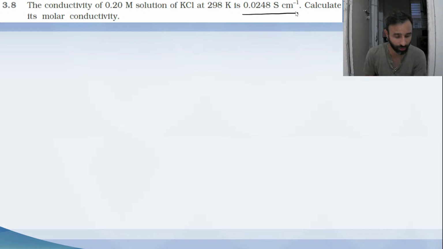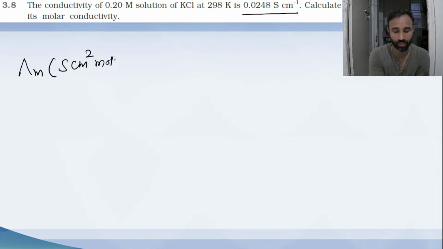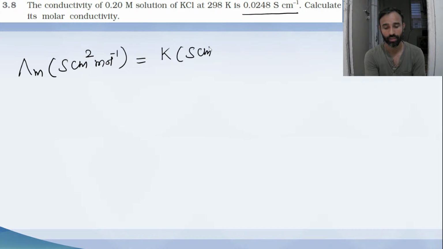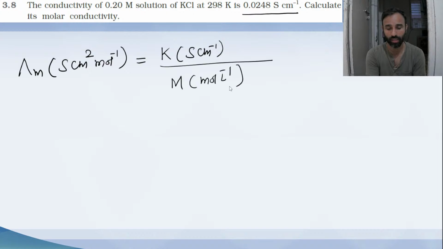So what is the relation? Molar conductivity in S centimeter square per mole is equal to conductivity in S per centimeter divided by molarity in mole per liter, into 1000, because molarity is given.